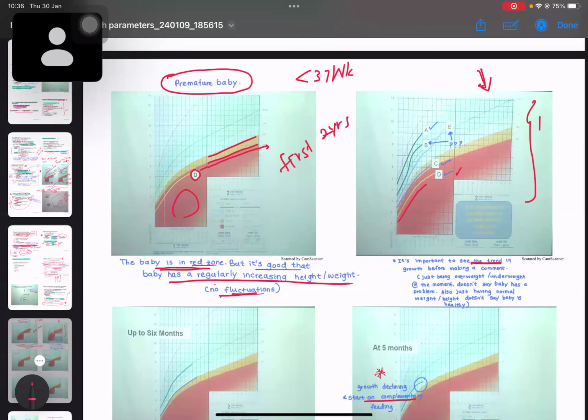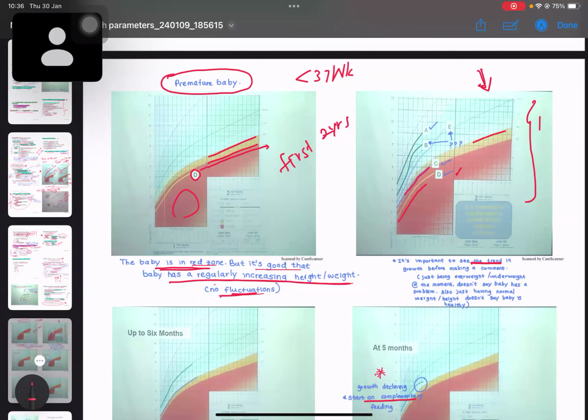C is another child, a premature baby or term baby, and that's okay. The growth is increasing and it's in the yellow line, and it keeps on increasing and is still parallel to the centile line. This is a green, yellow centile line. So C is also okay.